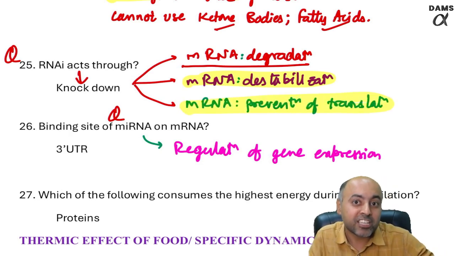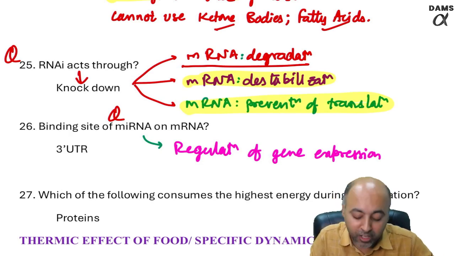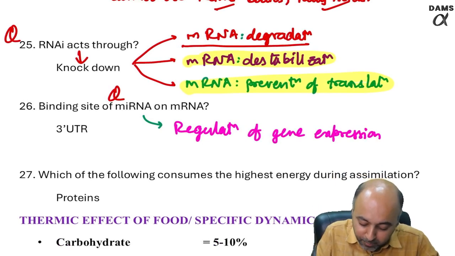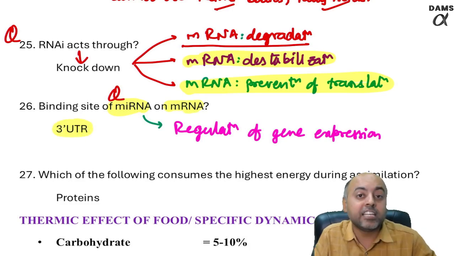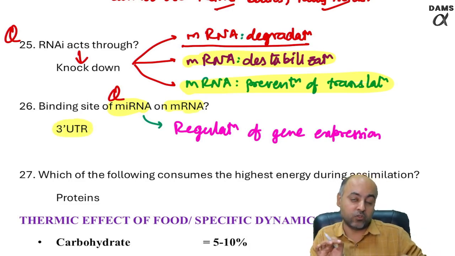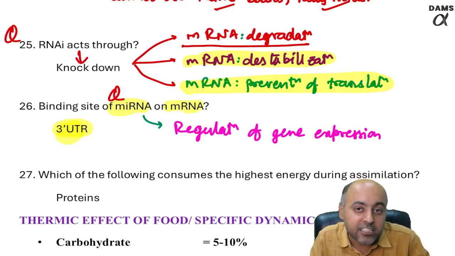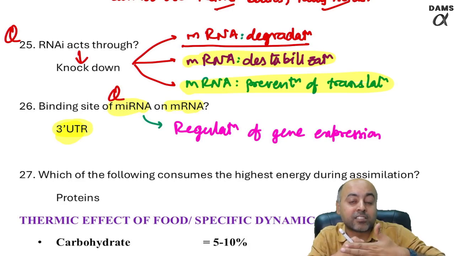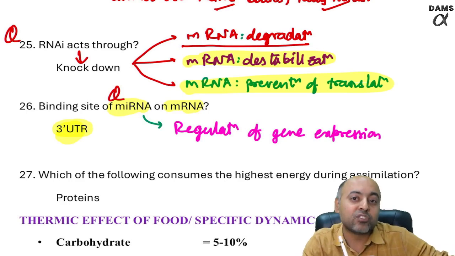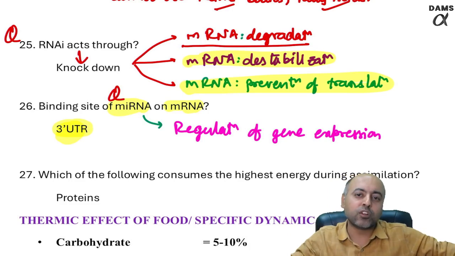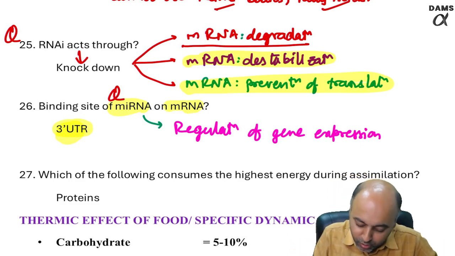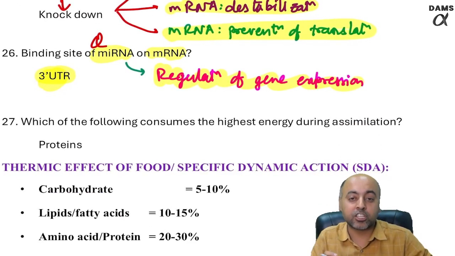And microRNA acts by interacting with messenger RNA at the 3' untranslated region. It matches the sequence. If the match is there, then RNA interference will happen. If there is no match, both of them will go their own way. The role of microRNA is regulation of gene expression.